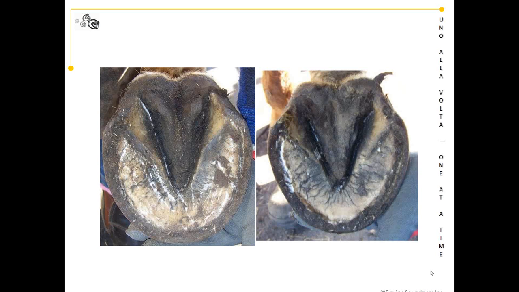It is very difficult to make pictures from the top and show this, so I've picked some pictures from the bottom, from the sole, and here on the left side you have a front hoof that is more round and a hind hoof on the right side that is more spade-like. And this has something to do with the fact that the horse pushes off with the hind foot and supports with the front foot.